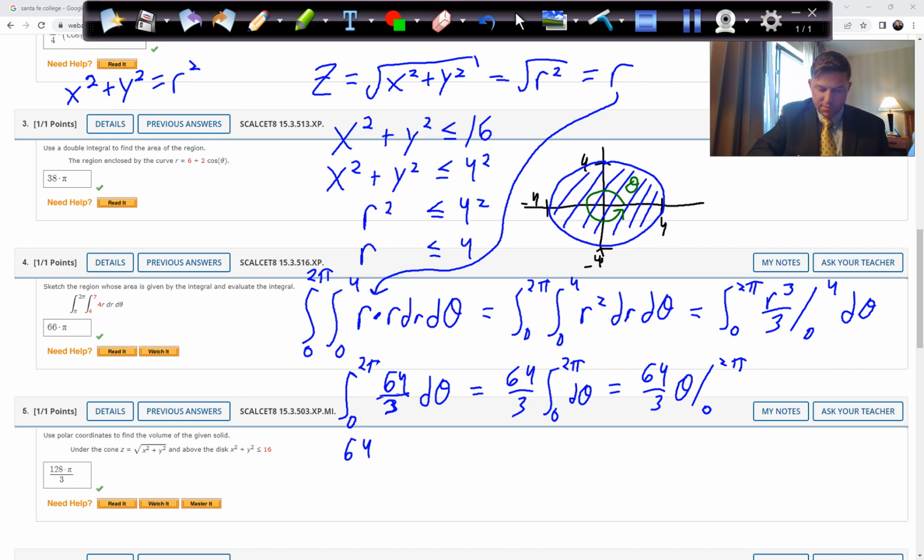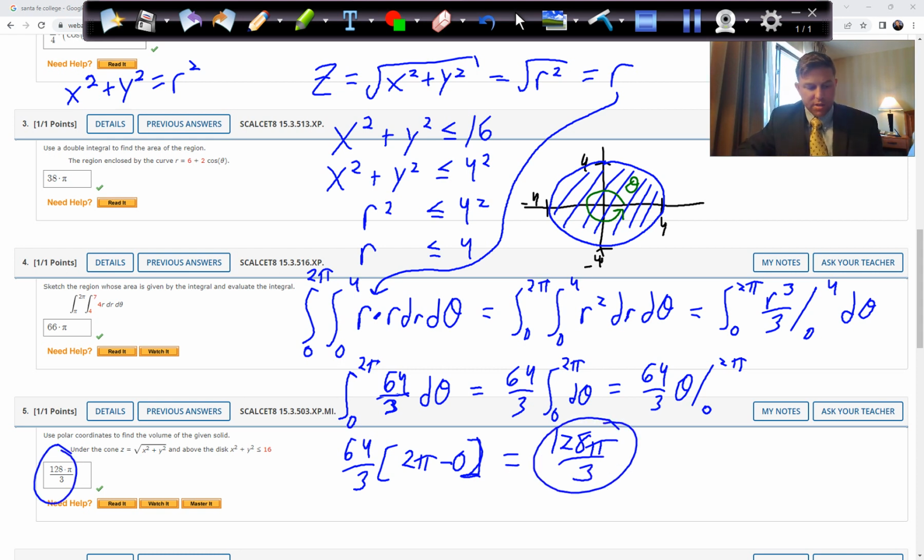So we're going to get 64 over 3 times the quantity 2 pi minus 0, and that's going to equal 128 pi over 3. That would be the volume under that cone and above the disk r less than 4.